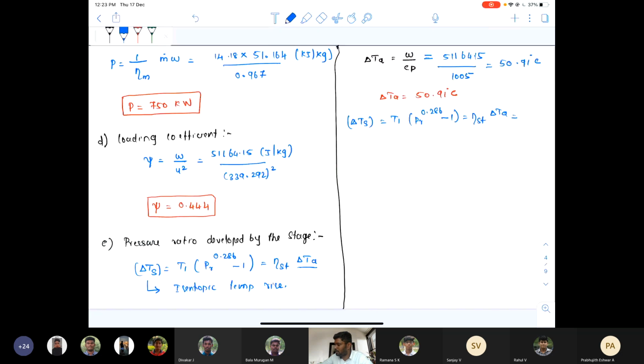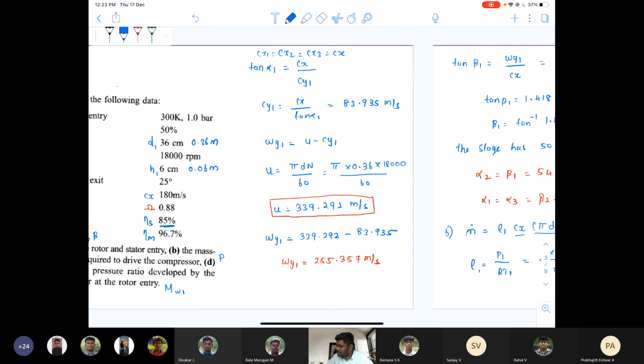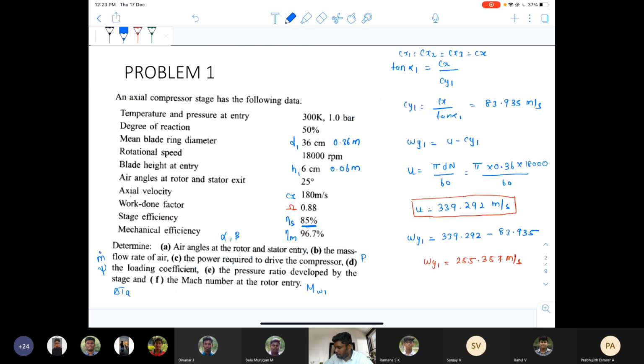Therefore, on substituting, you will be getting 0.85 into delta TA, which is 50.91 degrees Celsius. If you substitute the value of T1, we know that T1 is equal to 300 Kelvin, and this is the value of P1.